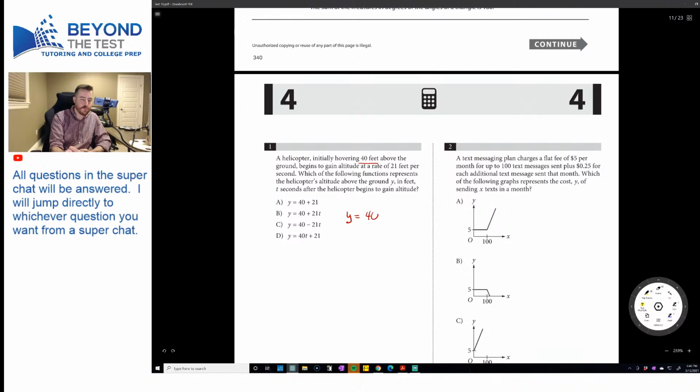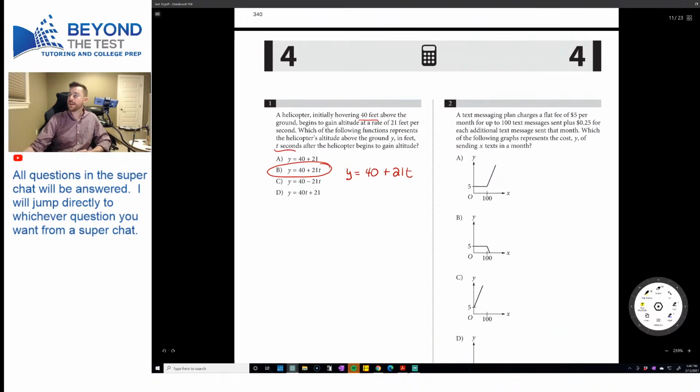So we know that that's at 40. And it's gaining altitude, meaning it's going up, so we're going to be adding 21 feet per second. So that means we want to multiply it by how many t seconds there are. So the equation that simply does this is choice B.